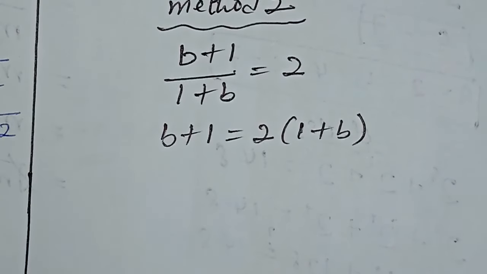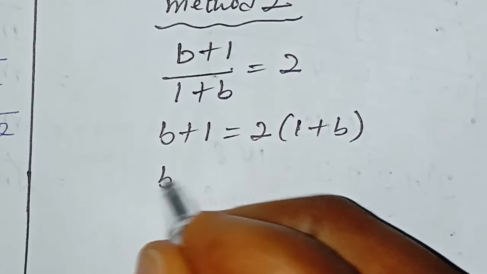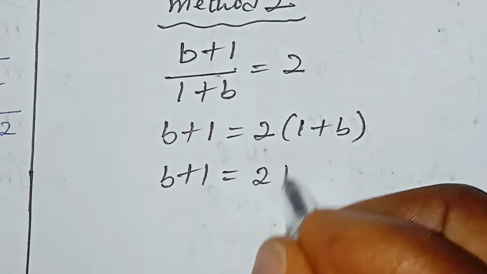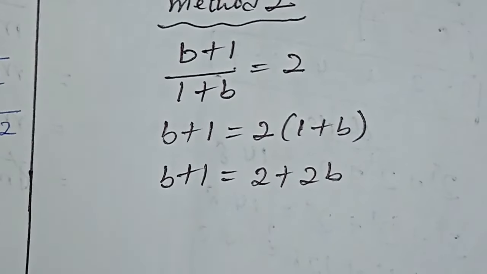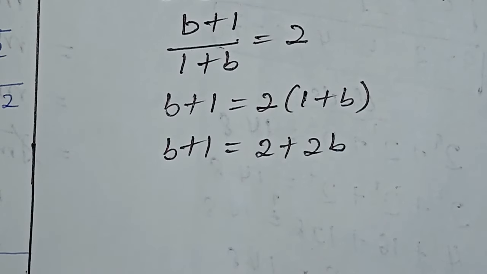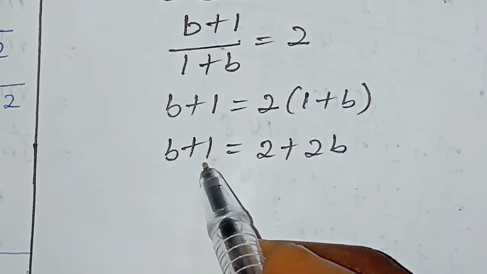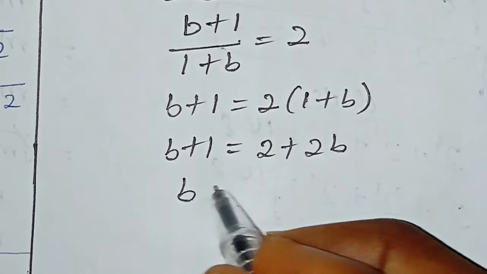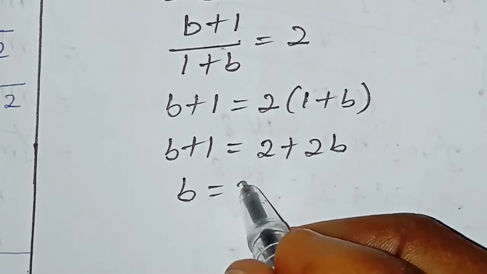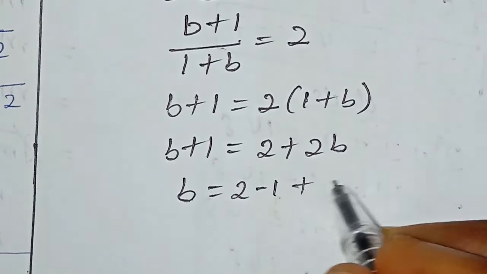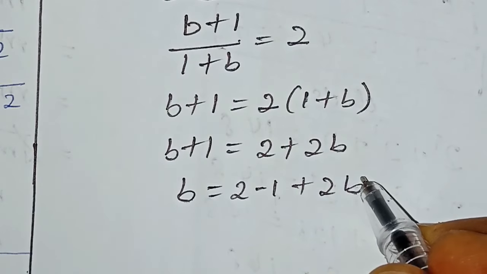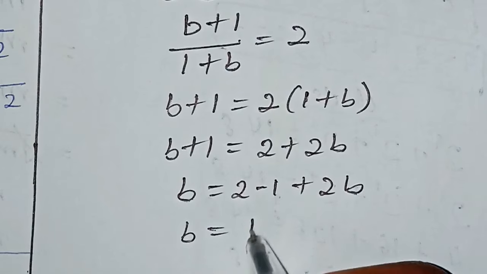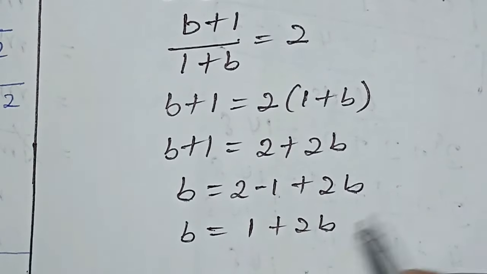If we open the bracket, at the right hand side we have b + 1 equal to 2 + 2b. Now we move this 1 at the left hand side to the right hand side. So we have b equal to 2 minus 1 plus 2b. So this gives us b equal to 1 + 2b.